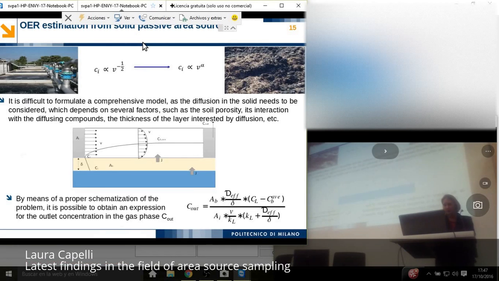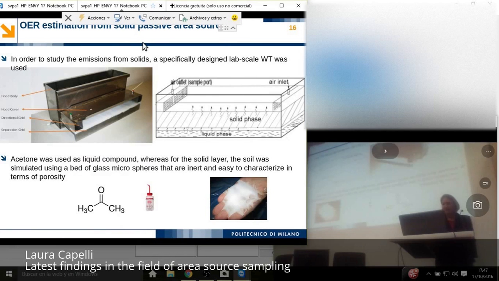Then we passed to an experimental study as well. In this case, we didn't use the normal wind tunnel we use in the field, but we decided to use a specifically adapted and designed lab-scale wind tunnel, which allowed us to schematize the problem in the way I showed before.